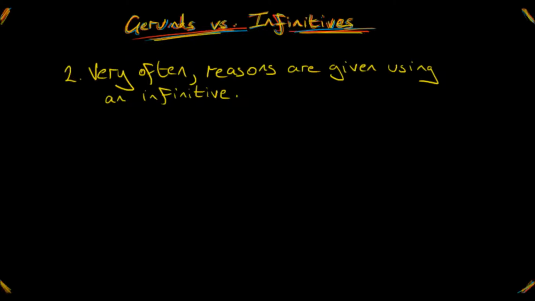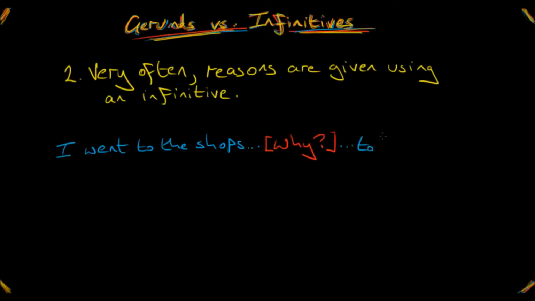Let's have a look at an example of what I mean by this. I went to the shops. Why? Well, to buy some clothes. The to buy is the reason for me going to the shops.